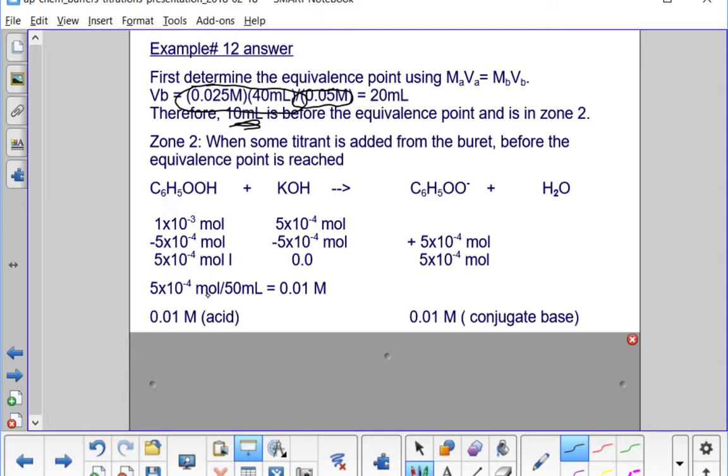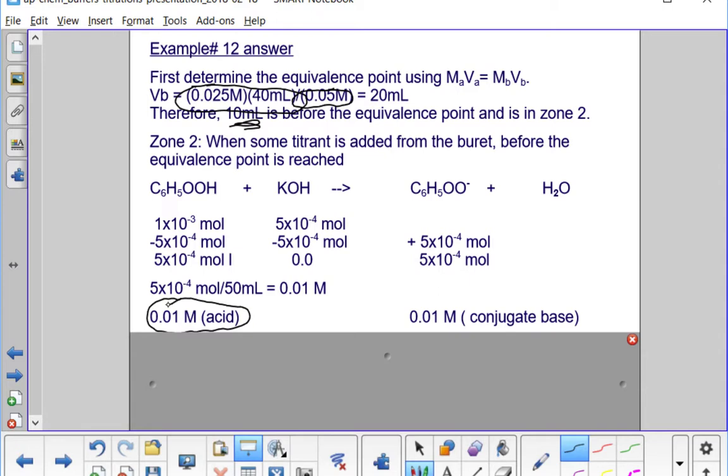We can find the concentration by dividing by the total volume. 40 plus 10 is 50 milliliters, or 0.05 liters. So we have 0.01 molar acid.